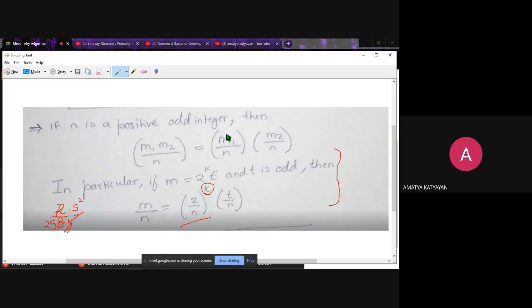So such cases are not actually possible. If you are talking about powers, you must consider this formula, 2 upon n raised to k. Whatever power you are getting, the Legendre symbol raised to the power k, and then the same property. Then you revert back to this property. So it is almost similar.